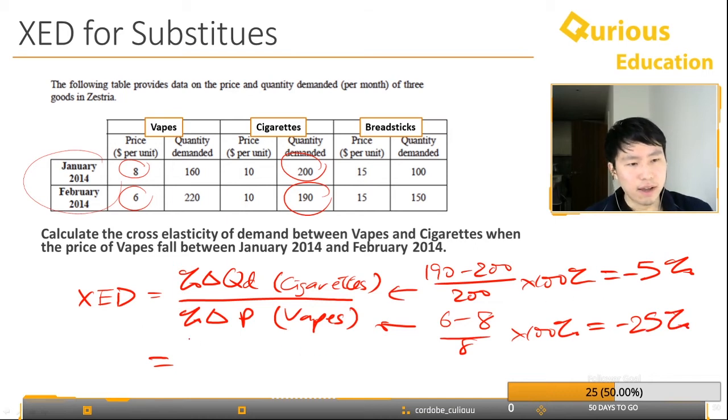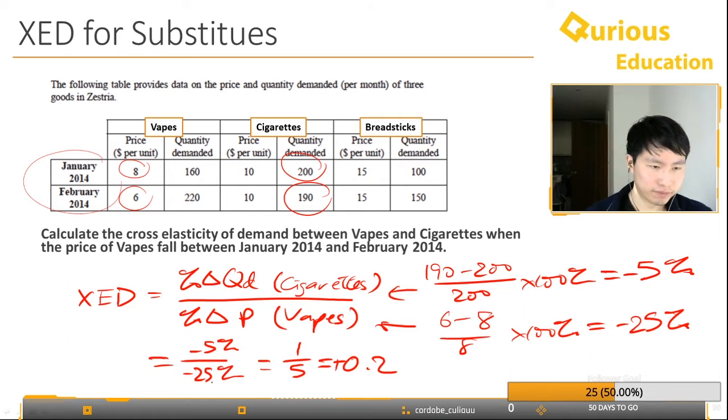So minus 5% divided by minus 25%, because both numbers are negative, we're going to get a positive number because it's a double negative. So we're going to get 1 over 5, which is equal to 0.2, or plus 0.2 in this case.